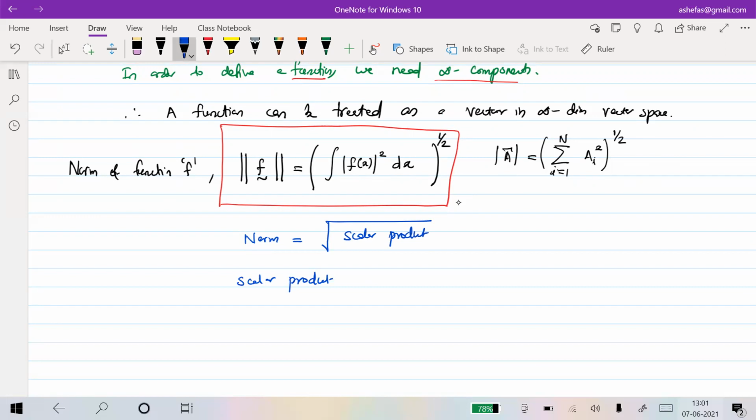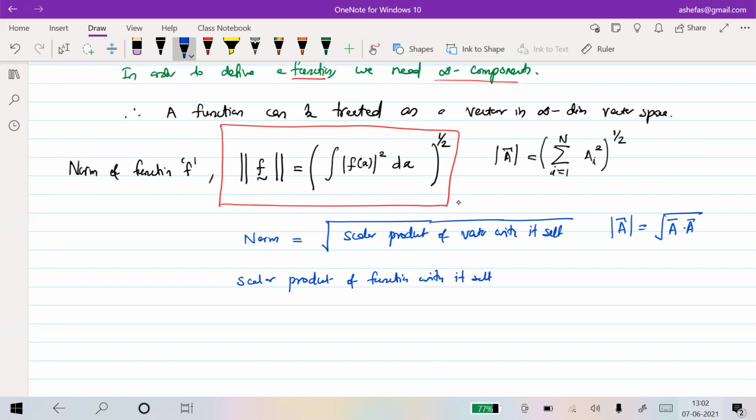The length of vector A is the square root of A dot A. So the quantity inside this bracket is the scalar product of the function with itself.